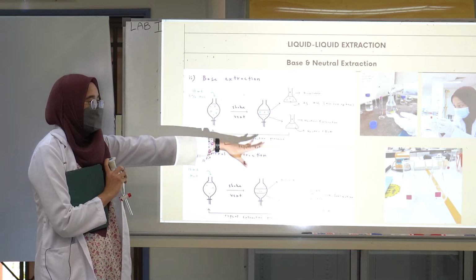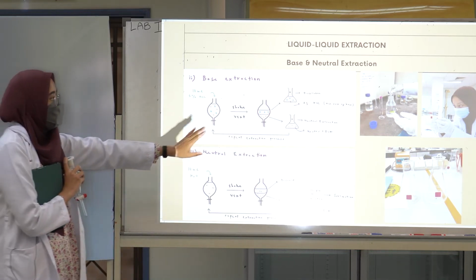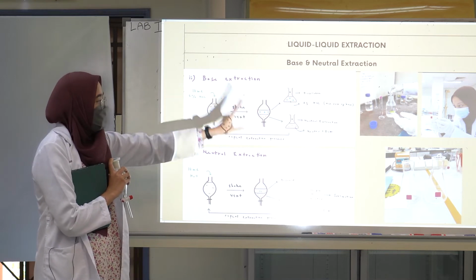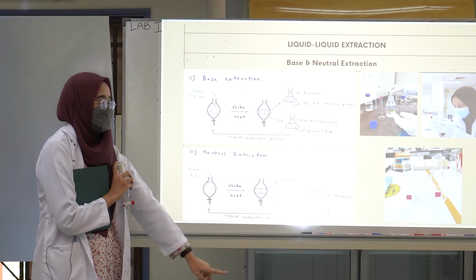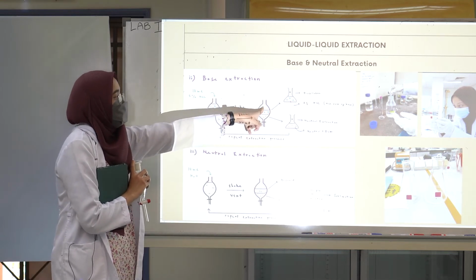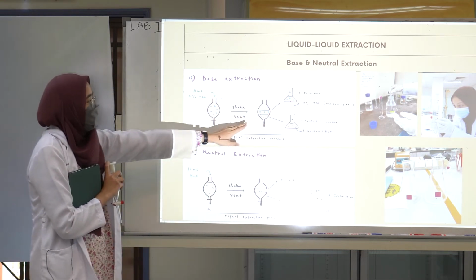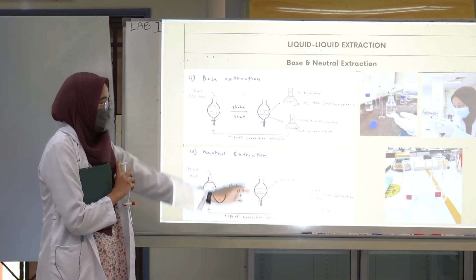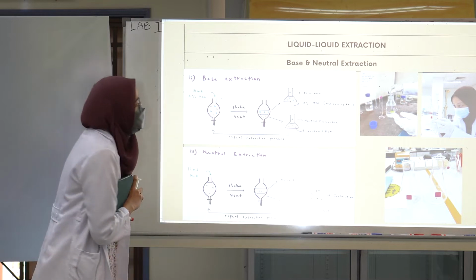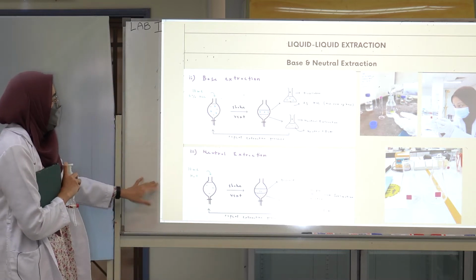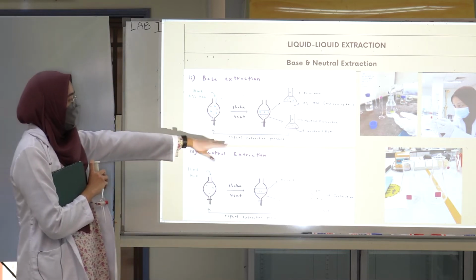DCM is always denser than water, so the aqueous layer will sit at the top and the lower layer will always have DCM. But this time they are only left with neutral and DCM, because all the base has gone up here. What is up here is aqueous HCl, or the HCl salt of the base. You repeat the same process again and again.